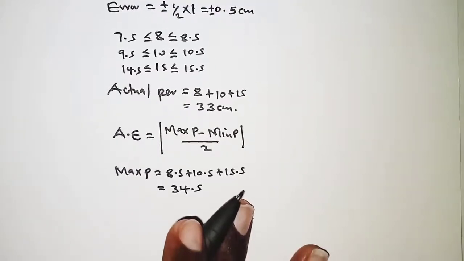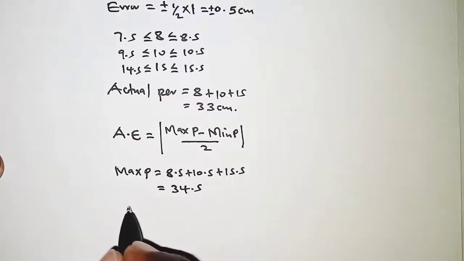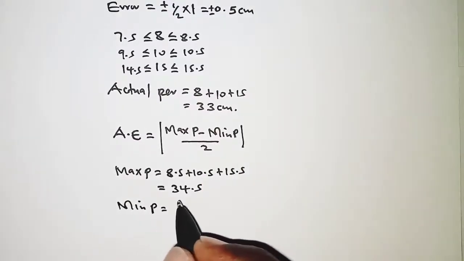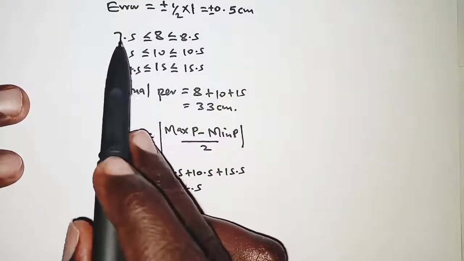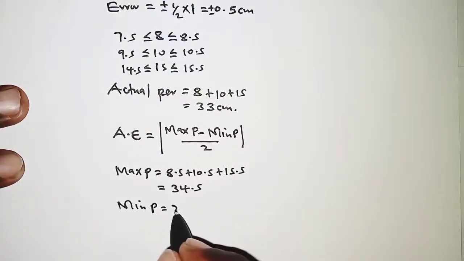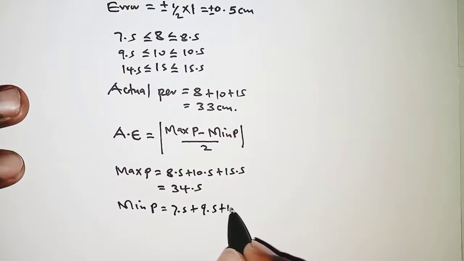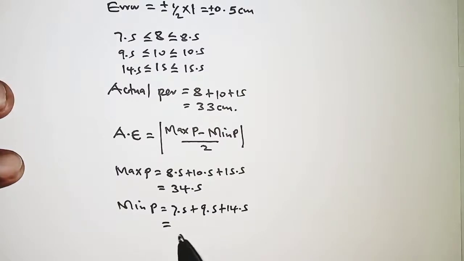Next, we are also going to have the minimum perimeter, which for this case should be the sum of the minimum values, 7.5 plus 9.5 plus 14.5, and that is 31.5.